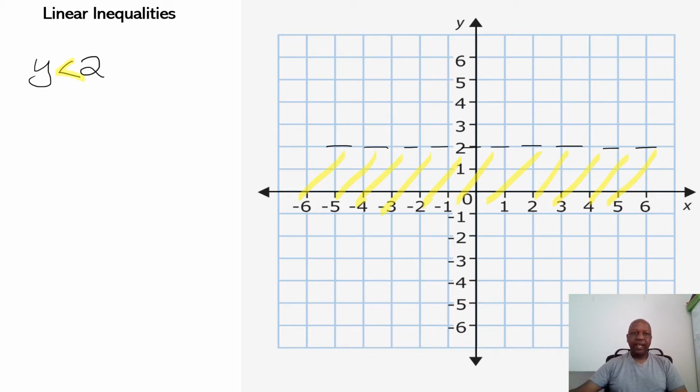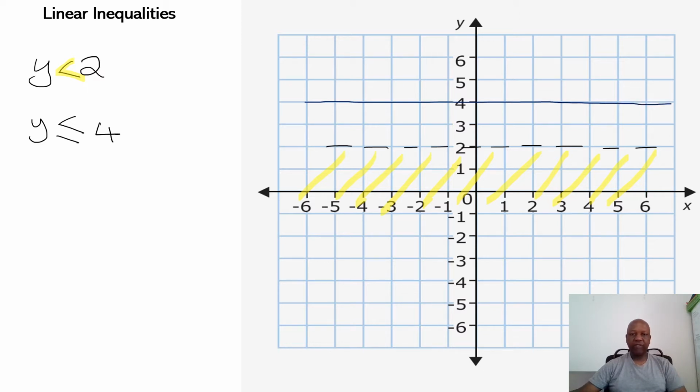Let's have a look at another example. Let's suppose you want to sketch y is less than or equal to 4. Now, y is less than or equal to 4 will be a straight line again. It cuts through the point y equals 4.